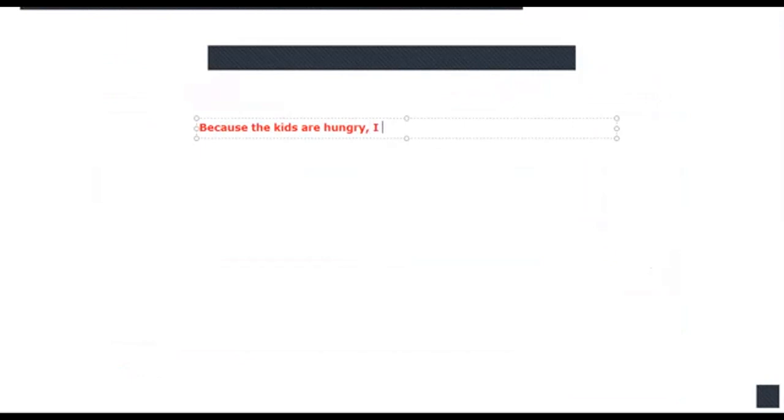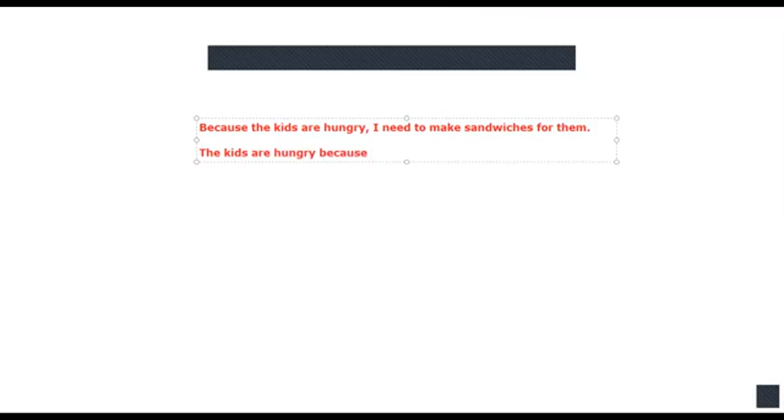The result is I need to make sandwiches for them, right? On the other hand, if I say the kids are hungry because they didn't eat breakfast. You see the difference?